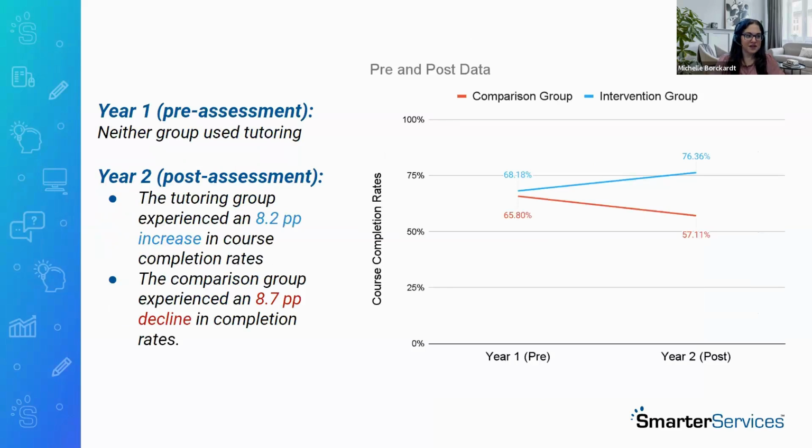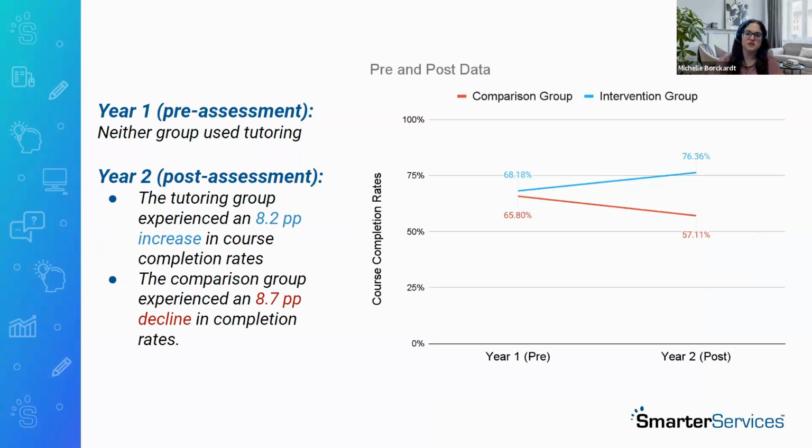So this next slide does show the blue line is the intervention group. So that's the students who received tutoring. The orange line is the group of students, the matched comparison group who did not receive tutoring. This is where in year 1, that's before tutoring. So I pulled out all the students who did not receive any tutoring year 1, including the blue line, no tutoring year 1. And we see that their completion rates are pretty similar.